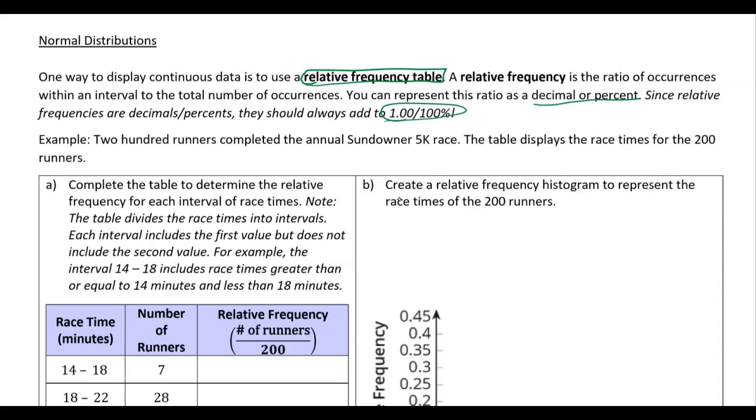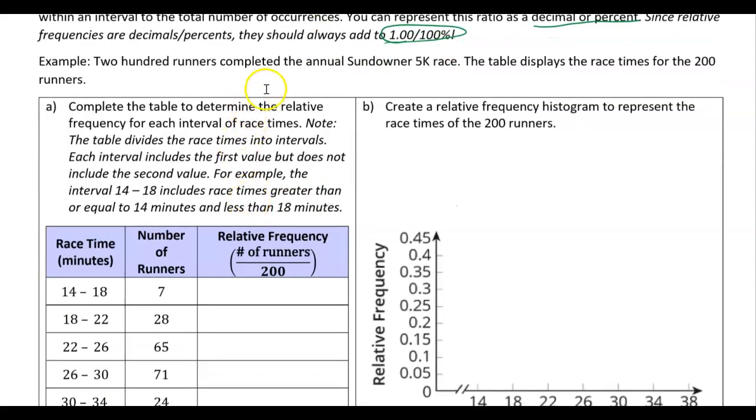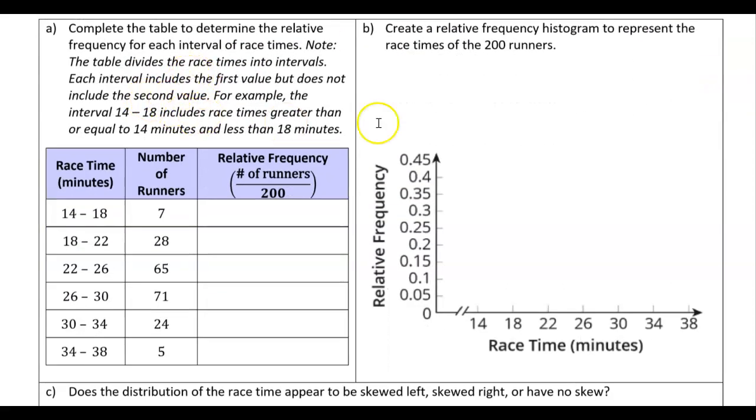So down here we've got this example. 200 runners completed the annual Sundowner 5K race. The table displays the race times for the 200 runners. We're going to complete the table to determine the relative frequencies. So we are going to divide the number of runners by the total, which is 200, and write that as a decimal.